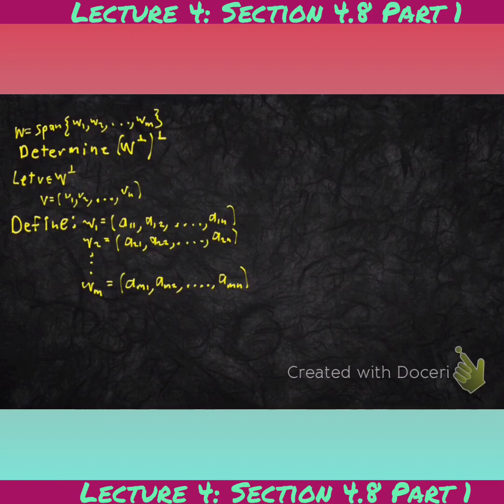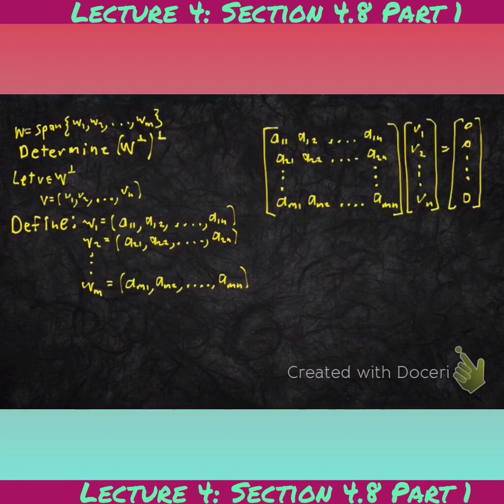In terms of matrix notation, if you write that down, you get basically that this vector, which is my vector V, if I take the dot product of that vector with any one of these row vectors, the dot product must be 0 in each and every single case.